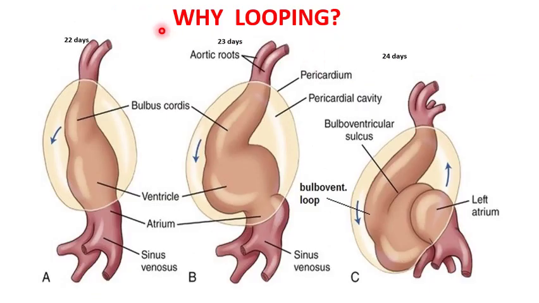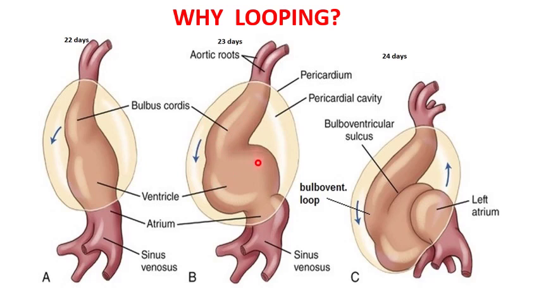Looping is again to accommodate the developed heart into the pericardial cavity. Once there is addition of cells to the bulbous cordis region by the secondary heart field under the influence of neural crest cells, the bulbous cordis is bent onto the right side ventrally and caudally like this, and that's how the bulboventricular loop is formed.